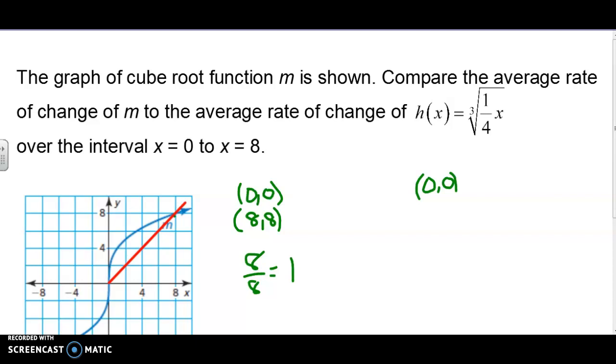Is 1.25999. And we'll just round it to 1.26, divided by 8, because that would be our change of y over change of x, and we would get 0.1575.